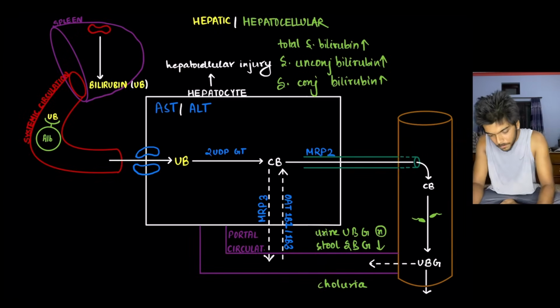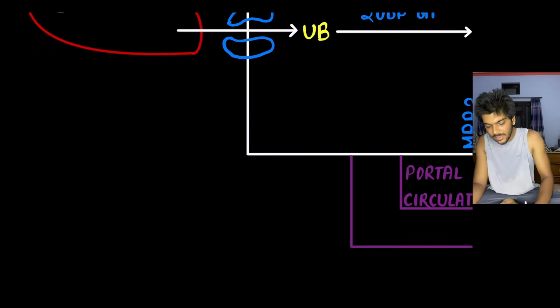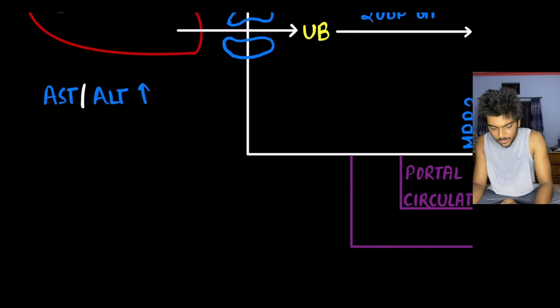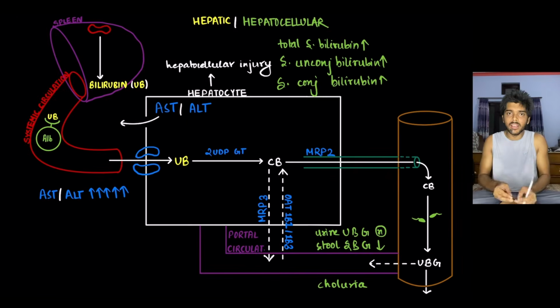Once there is injury to the cell, they simply leak out of the cell. As a result, there is rise in the level of AST and ALT in blood. There is significant rise because all the AST and ALT enzyme present within the cell is going to leak out into the blood circulation. So there is going to be significant rise in AST and ALT.